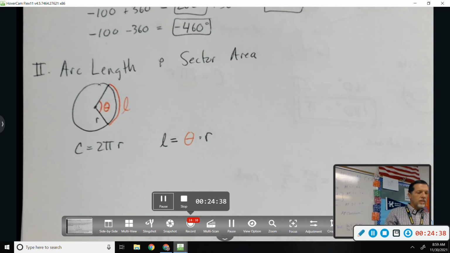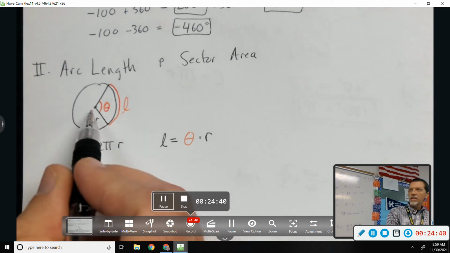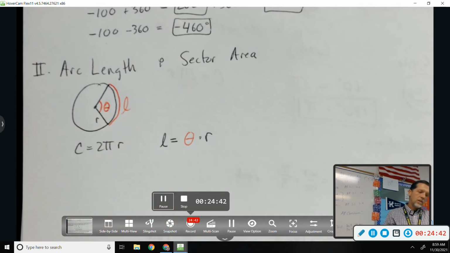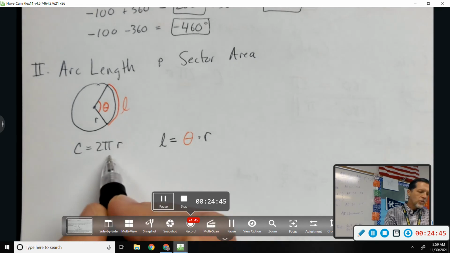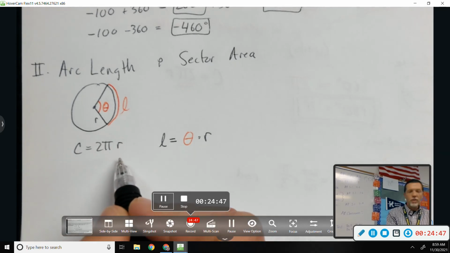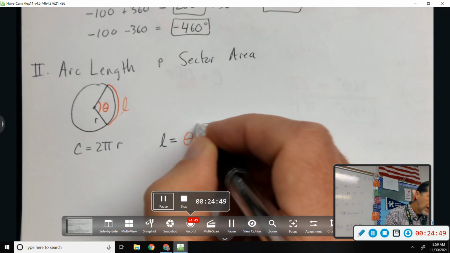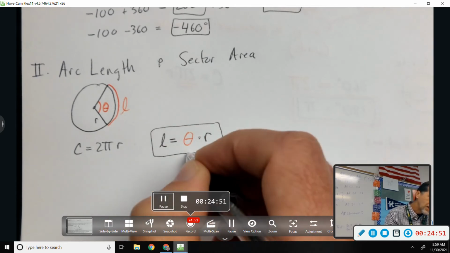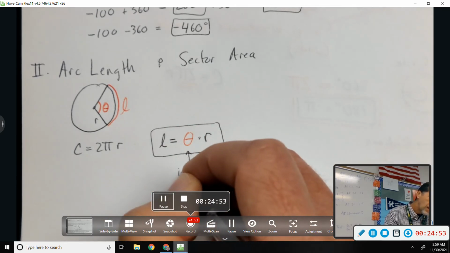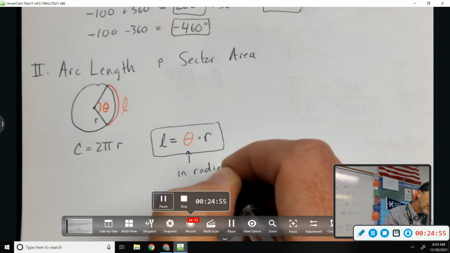Because if the angle is 2 pi, then you got all the way around and you got circumference. So circumference is sort of a very specific arc length formula. Now we know a formula to find any arc length, as long as theta is in radians.